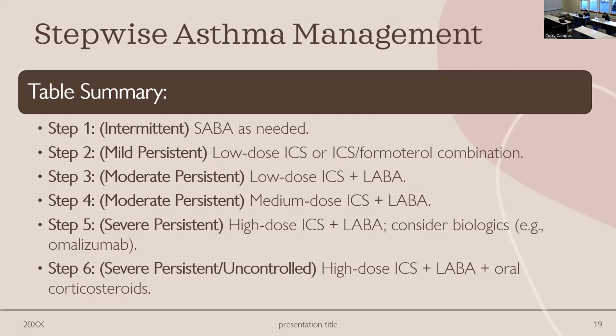For mild persistent, low dose inhaled corticosteroid. And of note, and I think this is probably on the next slide, I can't recall, but you'll want to take the short-acting bronchodilator before you take the inhaled corticosteroid.